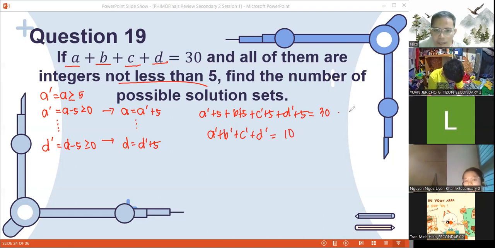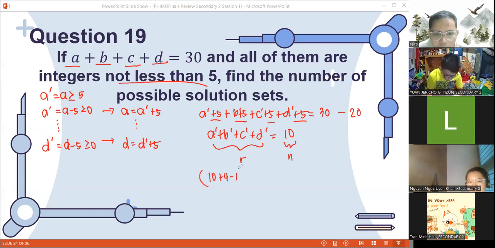Because it becomes minus 20. Okay? 5, 5, 5, 5. So using our stars and bars, we now have this one as R and this one as N. So we have 10 plus 4 minus 1 combination 4 minus 1. So that is just 13C3.